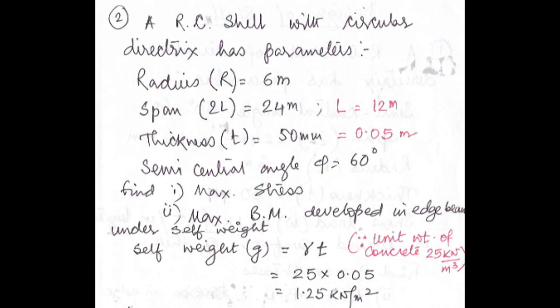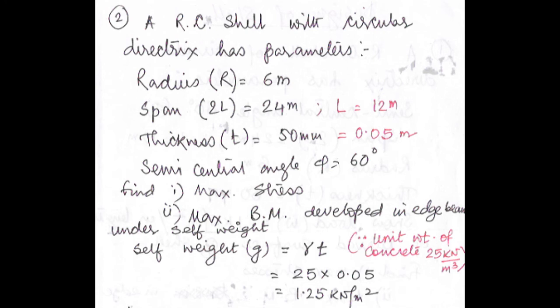Let us have a look at the question. An RC shell with circular directrix has the following parameters: radius r equal to 6 meter, span 2L equal to 24 meter, thickness T equal to 50 millimeter, semicentral angle phi equal to 60 degree. Find number 1, the maximum stress, and number 2, the maximum bending moment developed in the edge beam under self weight. Self weight is G equal to gamma into T, where gamma is the unit weight of concrete, 25 kilonewton per meter cube.